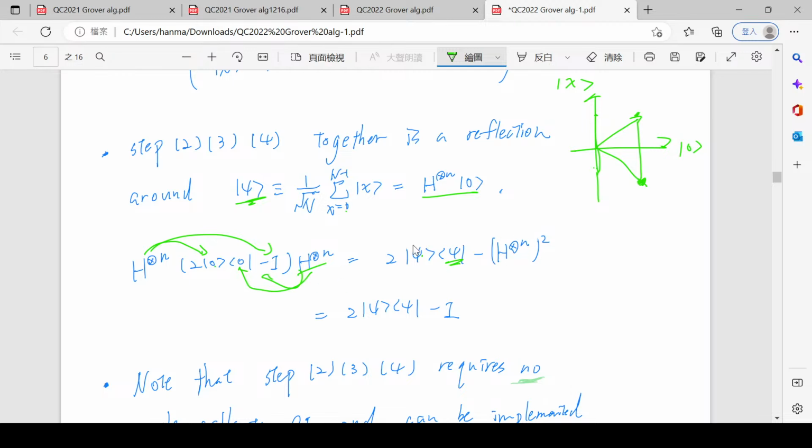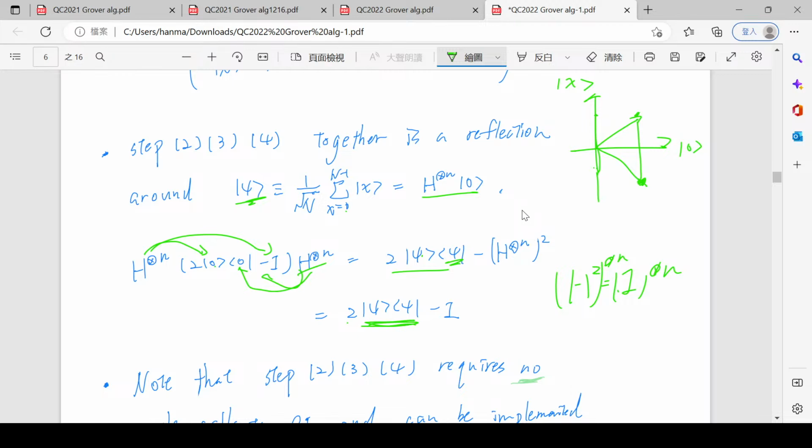The first part is 2 times the projection on phi, and the second part is sigma to n squared. But we know sigma squared equals identity, and identity to the n is still identity. So this is once again a reflection, but now we are reflecting around a different vector, this phi vector.